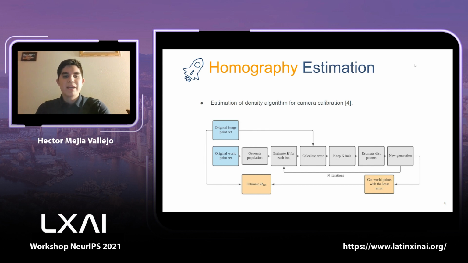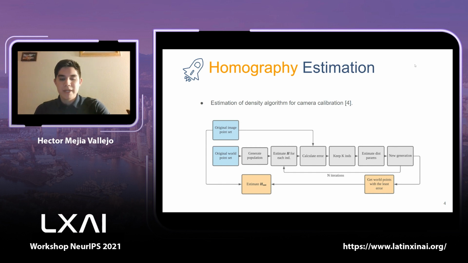Then, we keep k generated world point sets with the least error. Next, we calculate mean and variance to breed the next generation. This process repeats n times. Finally, the generated world point set with the least projection error is returned, and it is also used to compute the final homography matrix.